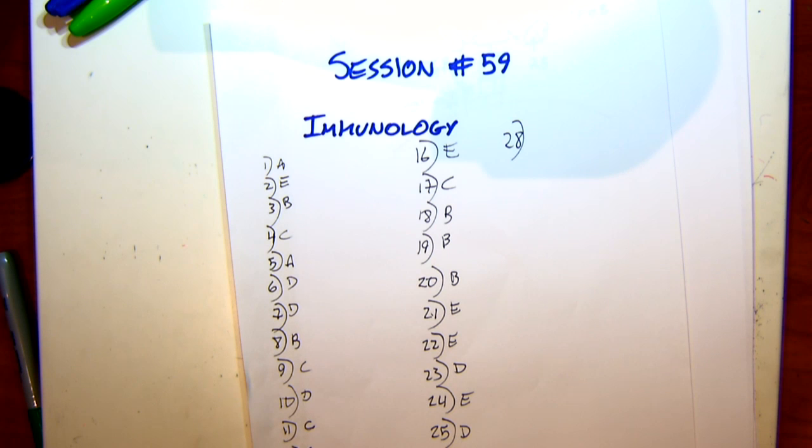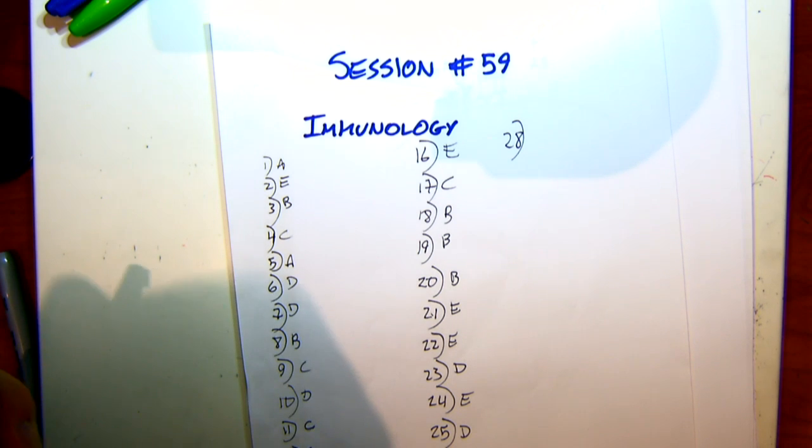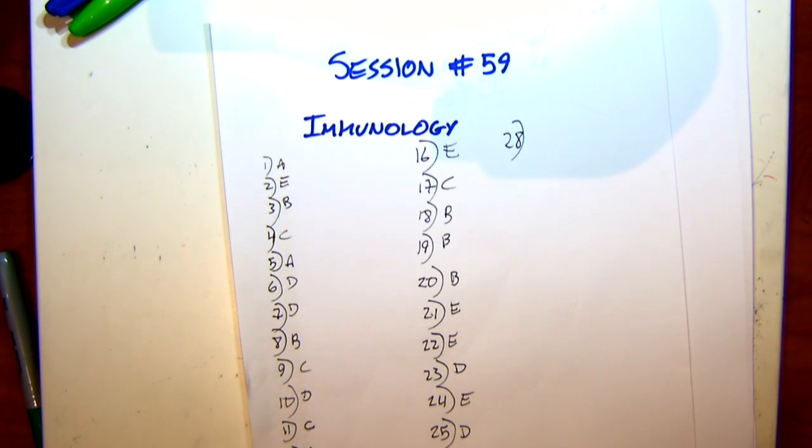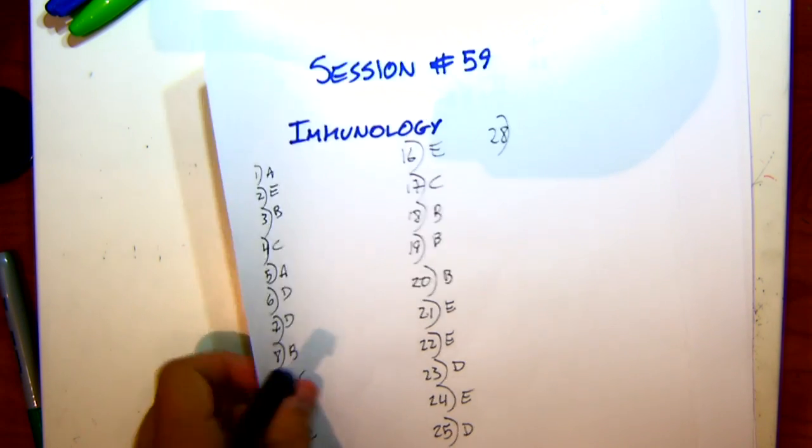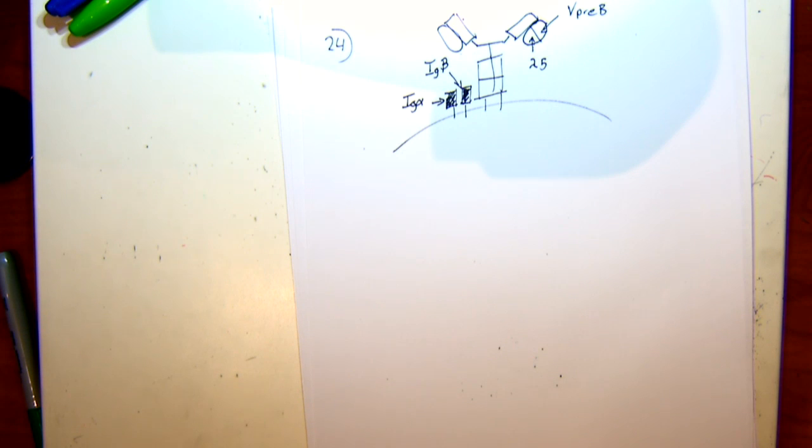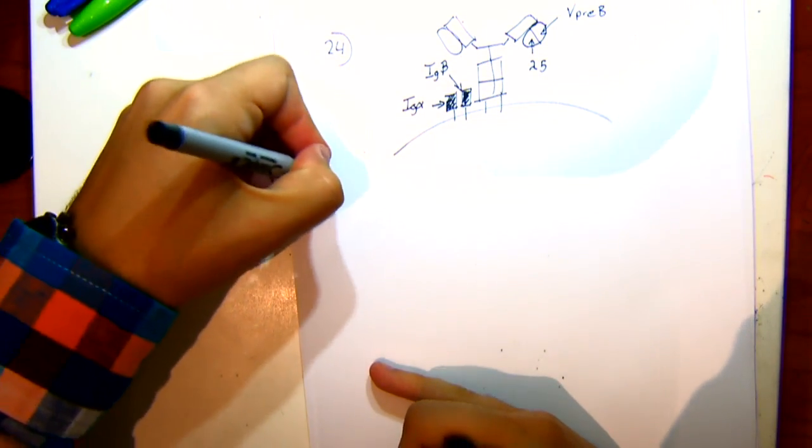Because also remember, B1 cells, they don't, yeah. Can you speak up? Oh yeah, so he's asking to go over the differences between somatic hypermutation and somatic recombination. So this is 28, so we can just write it here.